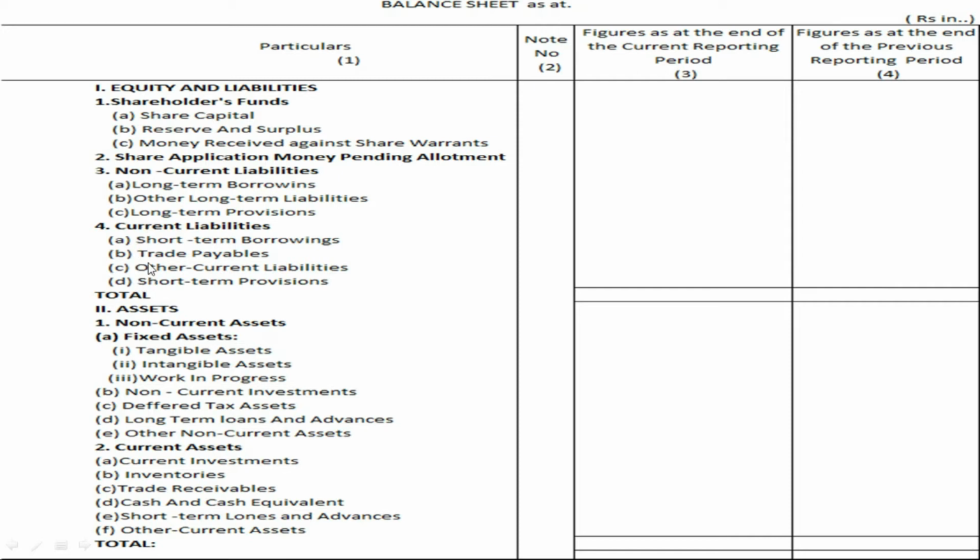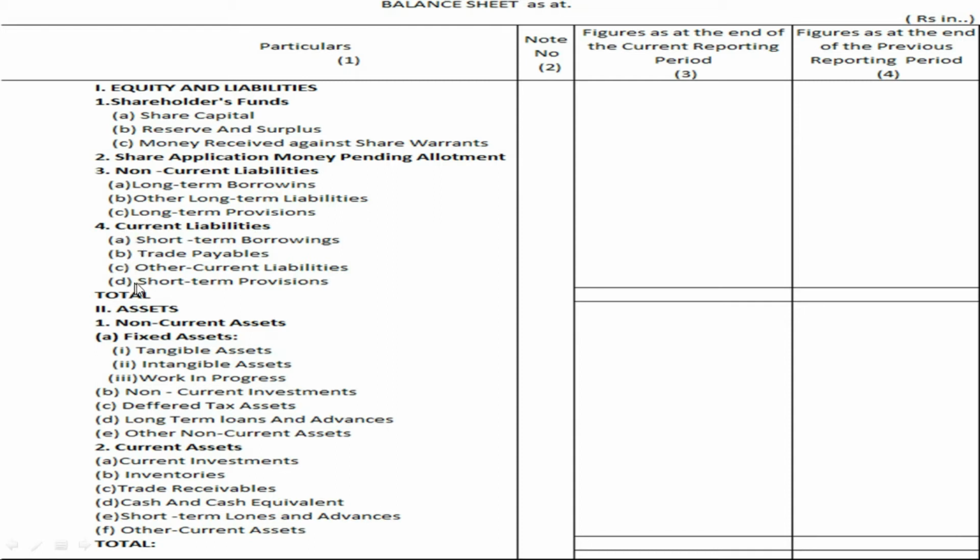If you remember save trees and ourselves, you would be able to remember the subheads which come under current liabilities: short-term borrowings, trade payables, other current liabilities and short-term provisions. Here also, when borrowings are made, only then could provisions be made. Hence STOS you can remember easily.